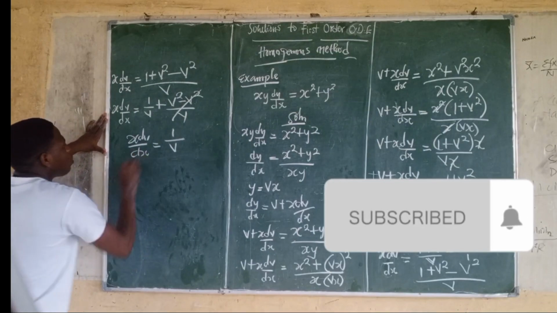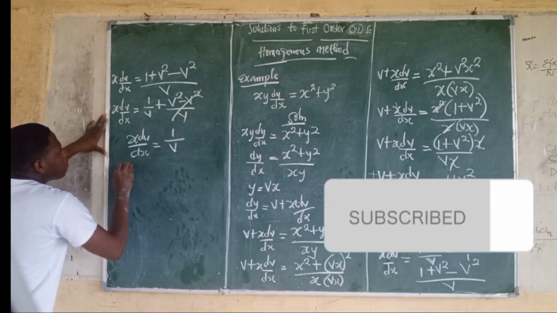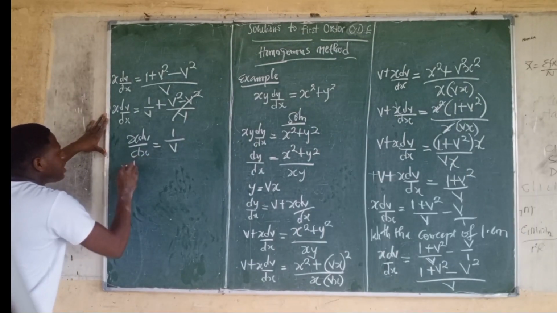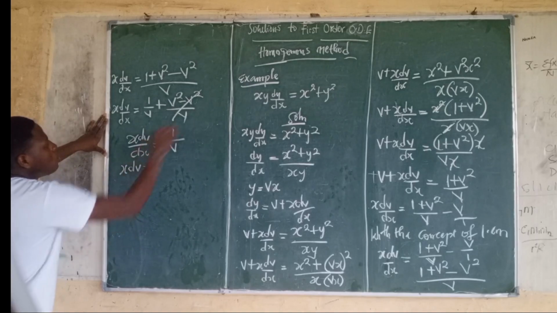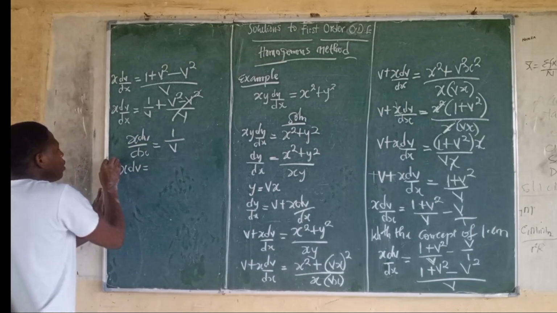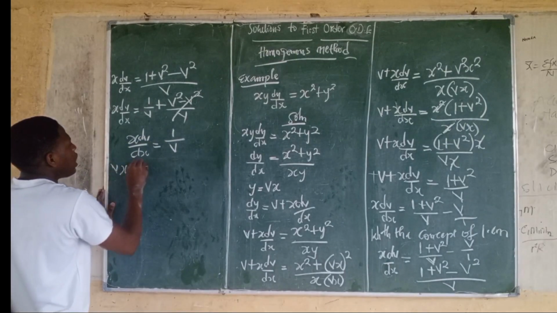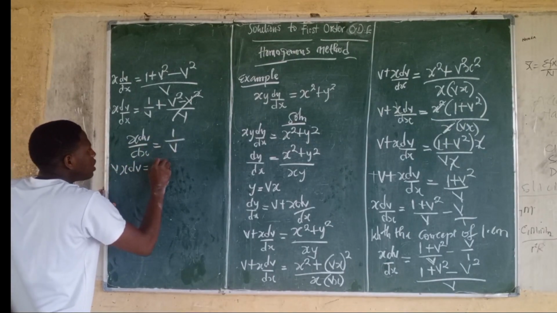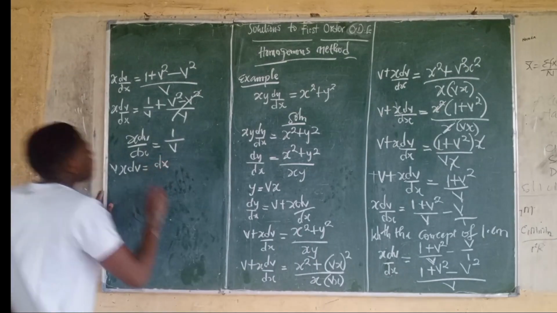Doing that, we have x dv is equal to, cross multiplying, v and dv and dx.